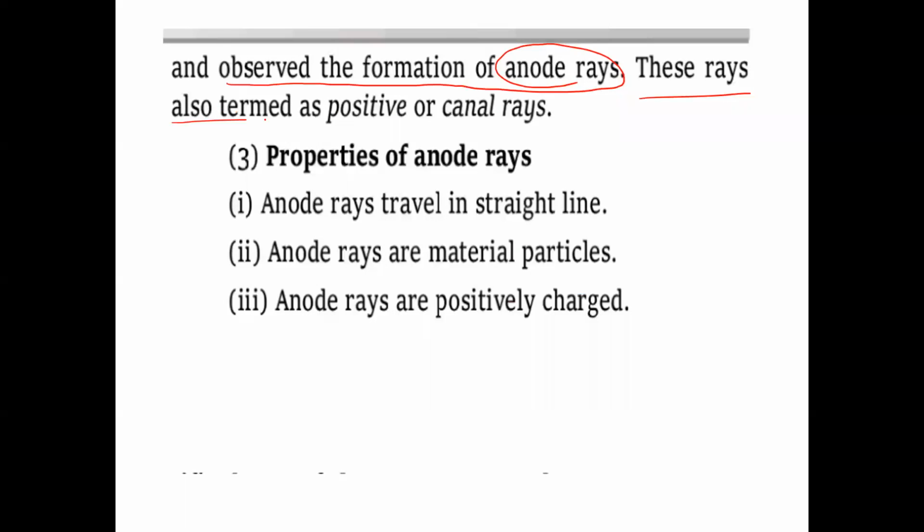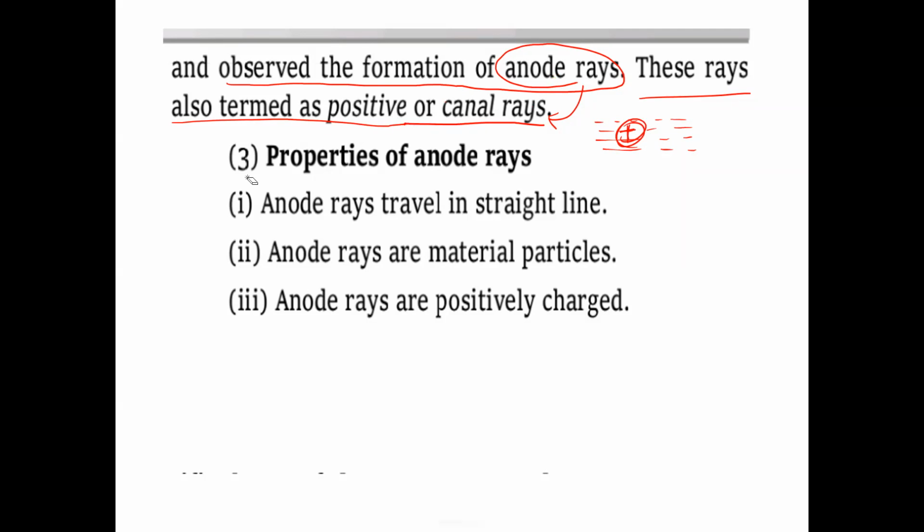These rays are also termed positive rays or canal rays. All the particles move like in a canal, that's why they are called canal rays. As they have positive particles, they are called positive rays. So positive rays, canal rays or anode rays.